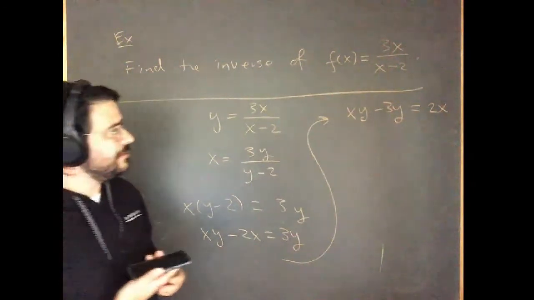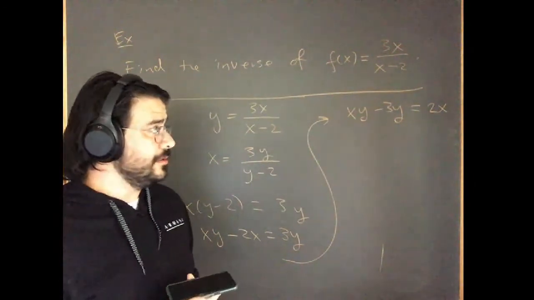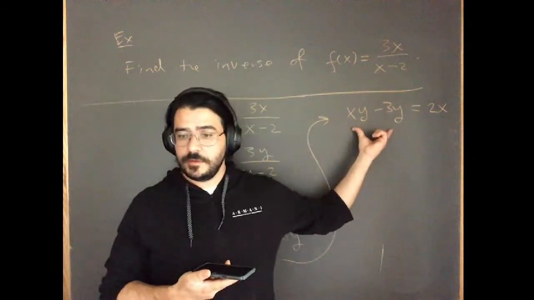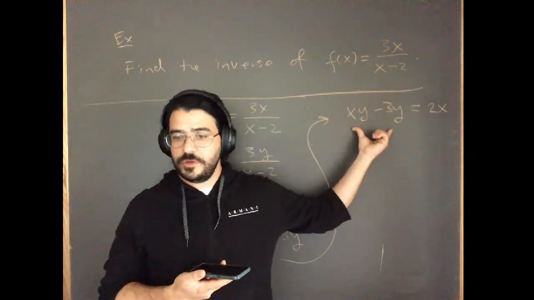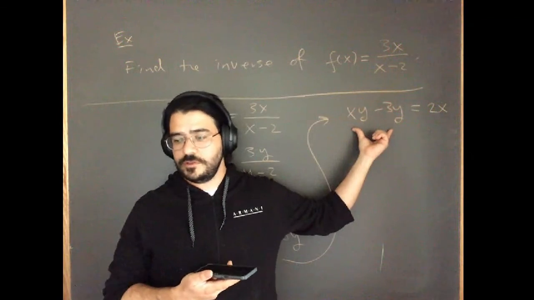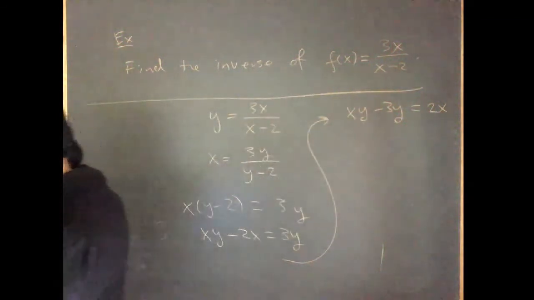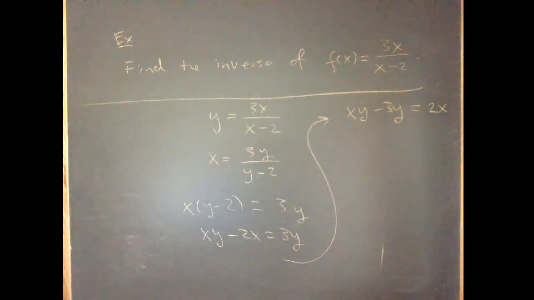Well, we don't want to divide by y minus 2 either. There's something we have to do to this side before we divide. What do you notice in both of these terms? There's a y in both terms.